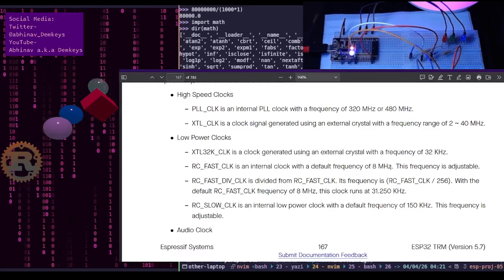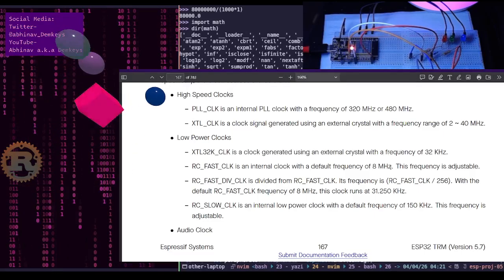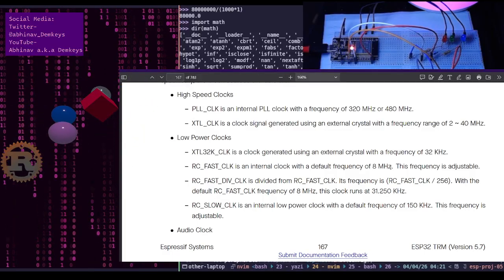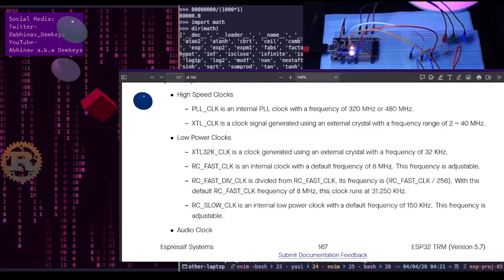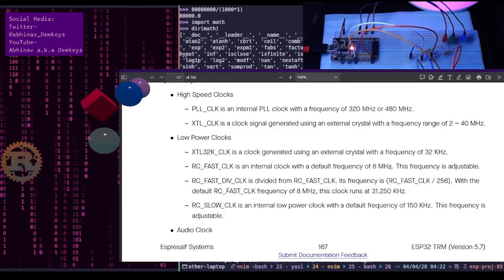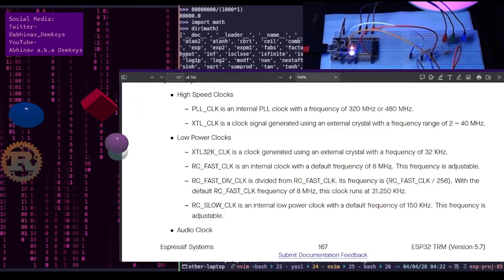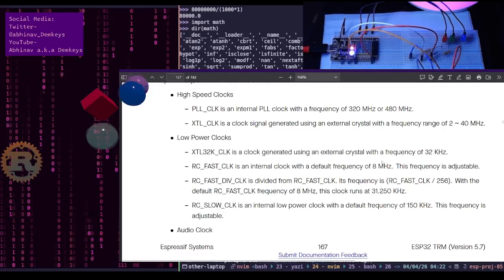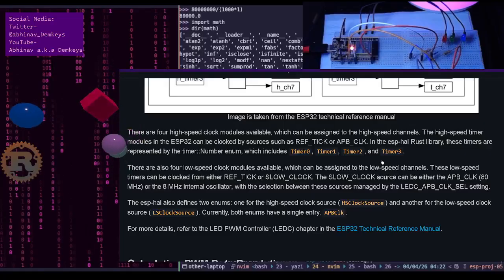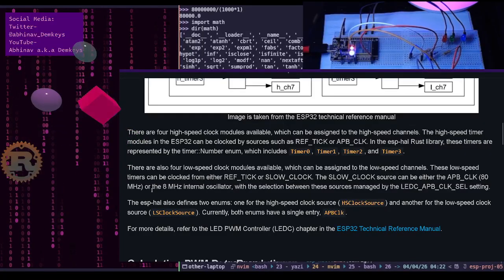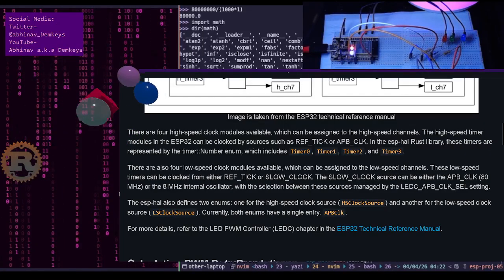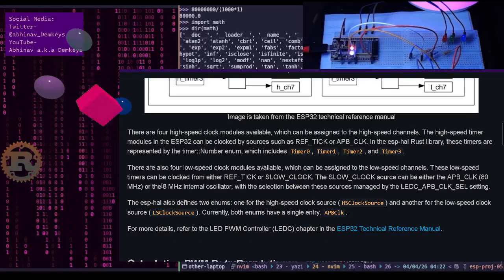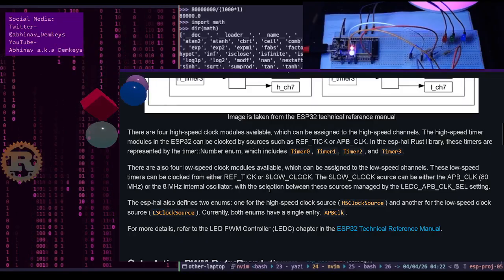It says this frequency is adjustable. Okay, how? Going back here. Oh, it mentions information here. 80 megahertz APB clock, or the 8 megahertz internal oscillator.